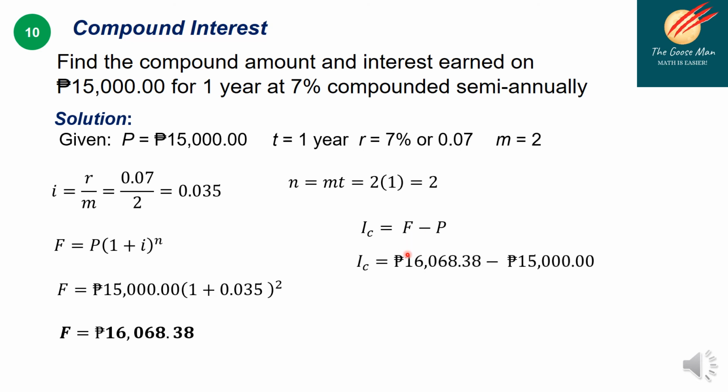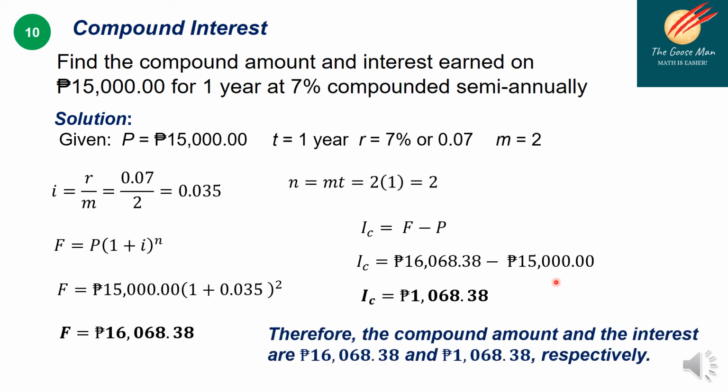So we have 16,068.38 minus 15,000. So the compound interest is equal to 1,068.38. Therefore, the compound amount and the interest are 16,068.38 pesos and 1,068.38 pesos, respectively.